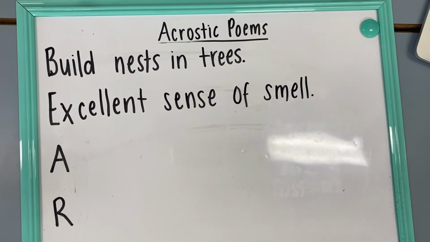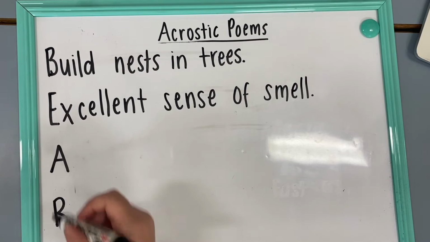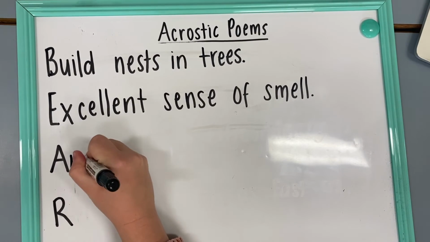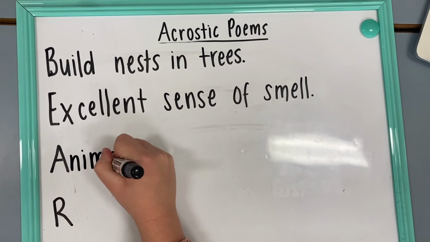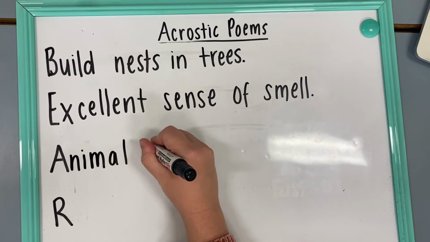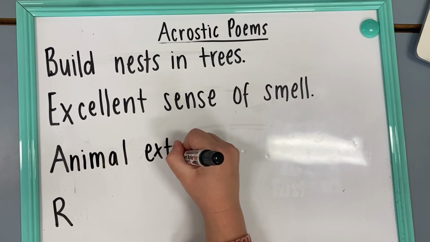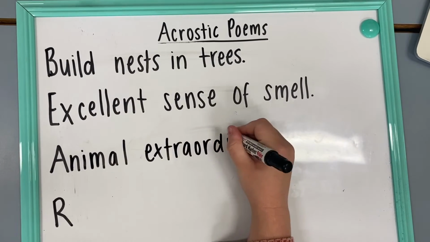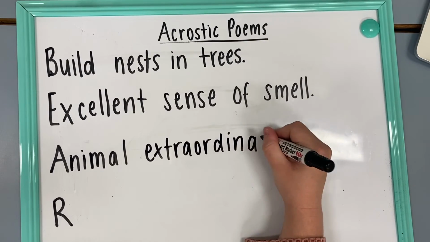Our next one is an A. Bears are really intelligent, so I would like to write that they're really smart, and I've thought of a way to make sure that it starts with an A. So I'm going to write an animal with extraordinary intelligence. Now I'm adding extraordinary because that's a really good adjective to make our writing more interesting for the person who's going to read it.